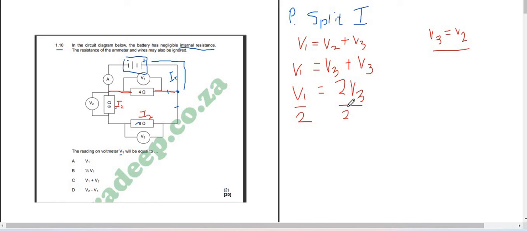And if you do that, 2 divided by 2 will just be 1. So on the other side, you'll be left with V3. And then here, it's just going to be a half of V1. So then you look at your options, which one resembles this. So the voltage on V3, according to me, will be a half of V1, and we see the answer is going to be B.